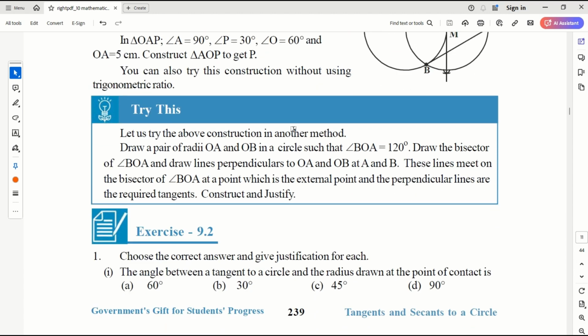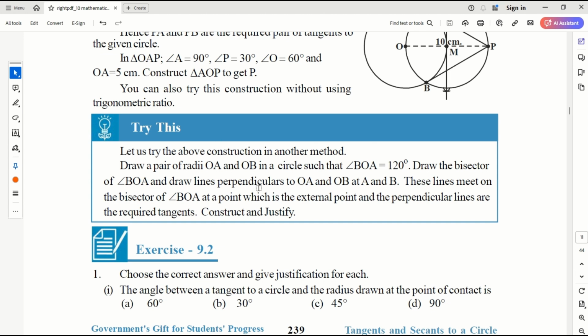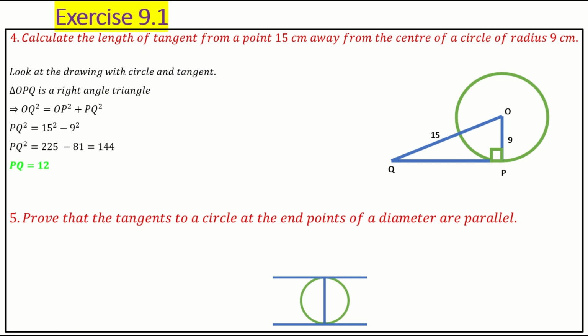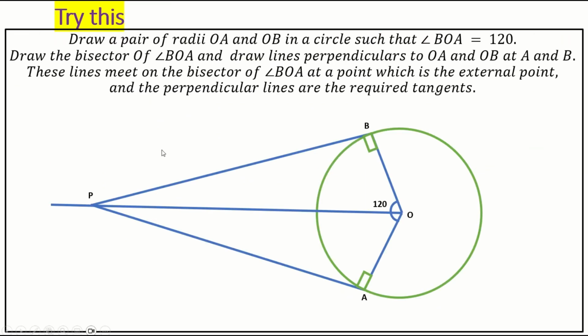Now he's asking us to try this construction with another method, which is given here. Let's do that. Draw a pair of radii OA and OB such that angle BOA is 120 degrees.